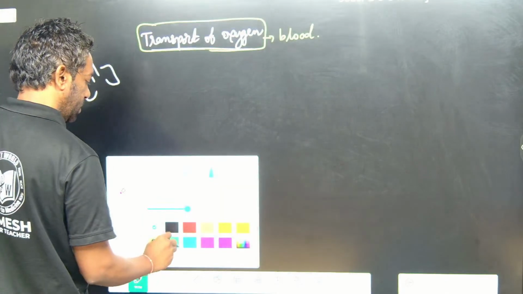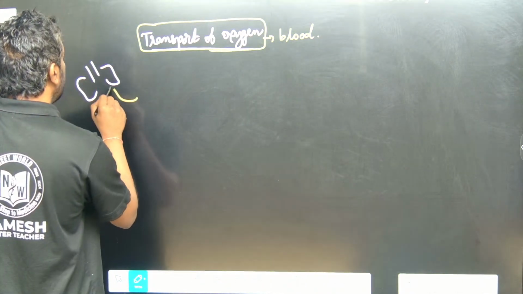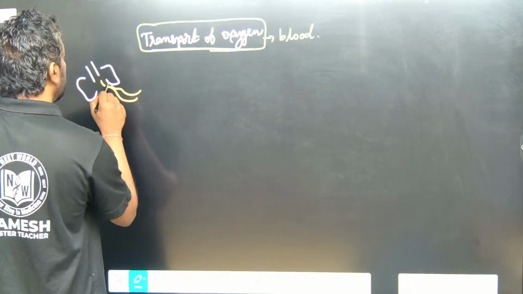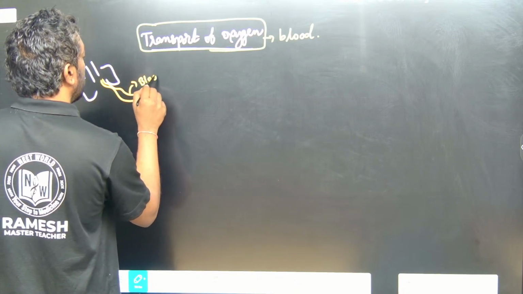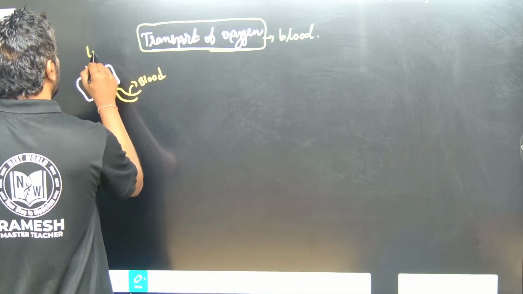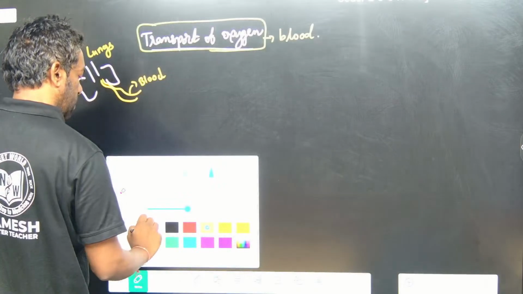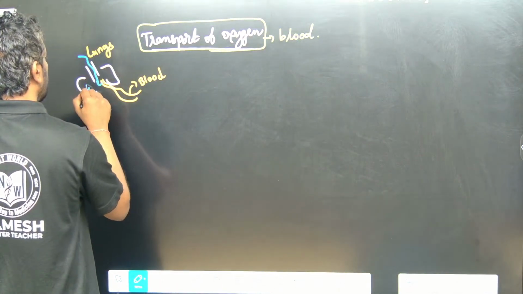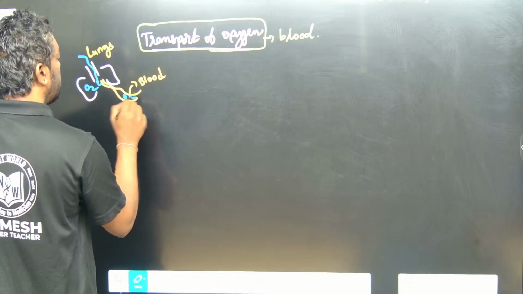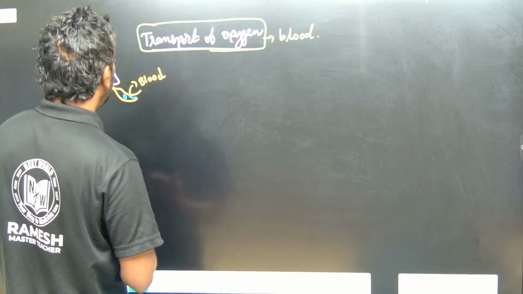The lungs. Oxygen enters the lungs and reaches the blood vessel. There is a relation between the lungs and the blood vessel.